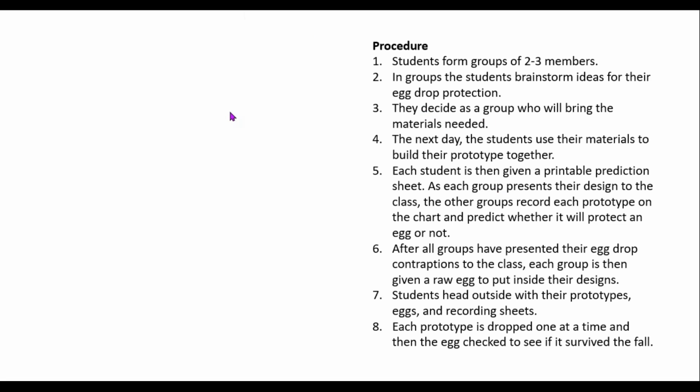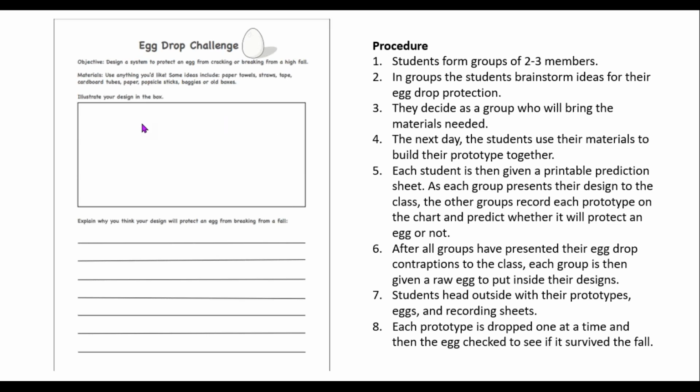Then you're going to hand out to your students the following worksheet. This is an egg drop challenge worksheet where students will brainstorm their ideas for the prototype. So in here, students will, as a group, decide on the prototype they are going to create. Maybe they can do a presentation to their peers.